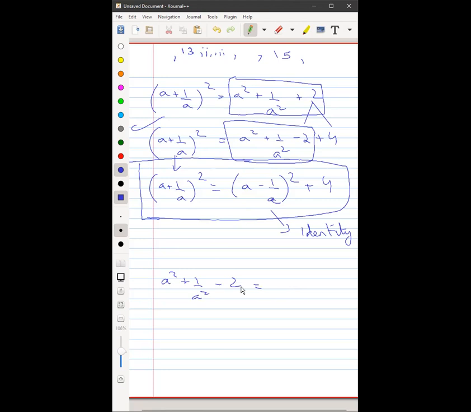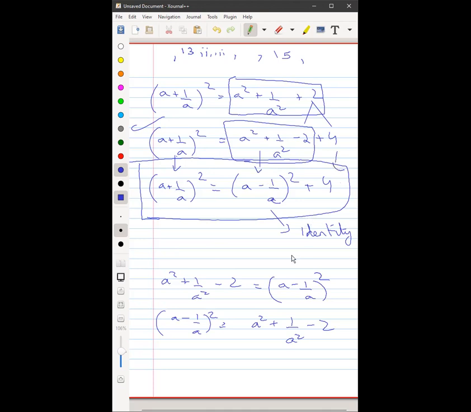What is a minus 1 upon a, the whole thing squared? a square plus 1 upon a square minus 2. So what is a square plus 1 upon a square minus 2? A minus 1 upon a whole thing square. That's what we did over here.